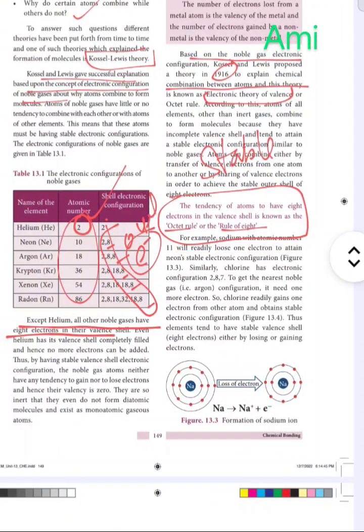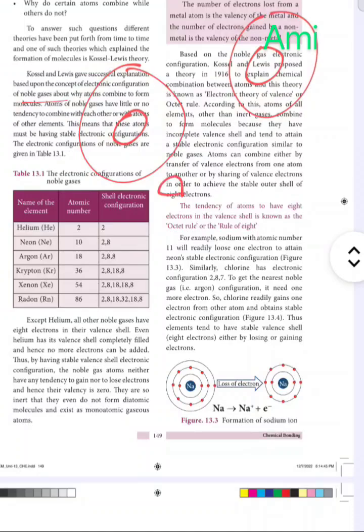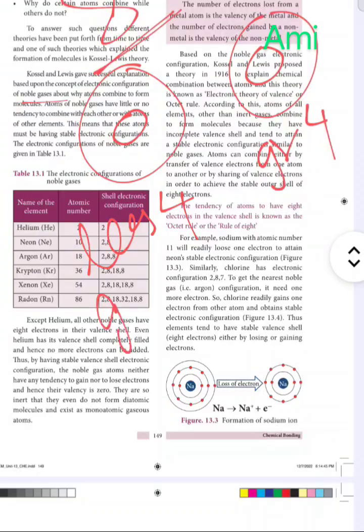There are two possibilities for the valence shell of an atom: it can have either fewer than 8 or more than 8 electrons.